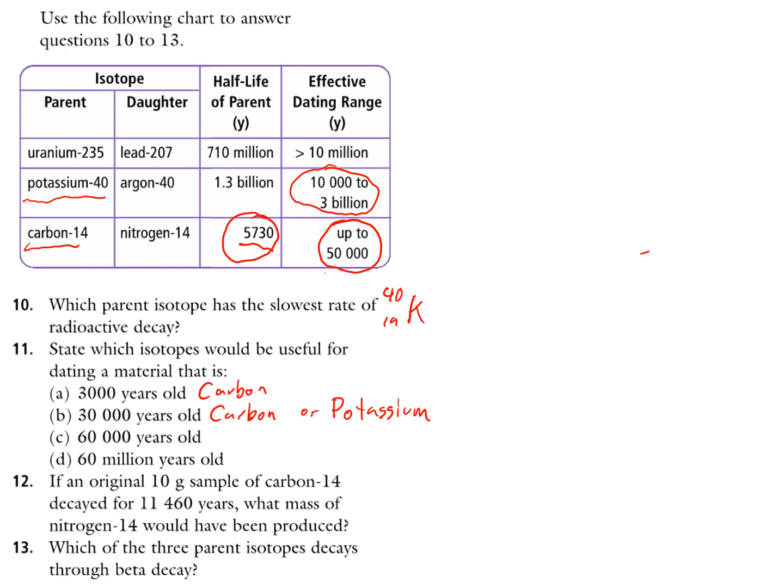Carbon's limitations have been reached at 60,000, so you'd probably want to use potassium. What about 60 million years old? Still use potassium. We've surpassed the effective dating range for carbon, but we could use uranium. And sometimes we use that kind of stuff to figure out how old certain types of geological structures are, like certain mountains or rocks or whatnot.